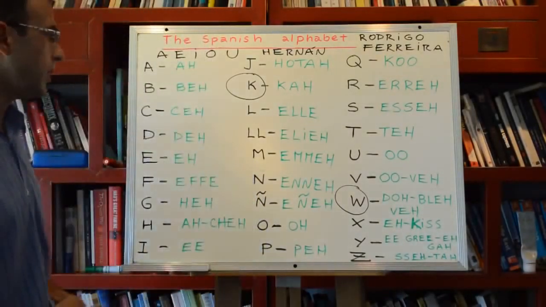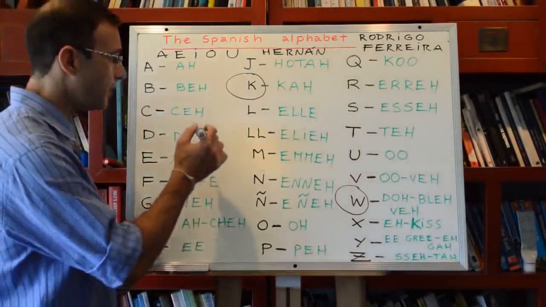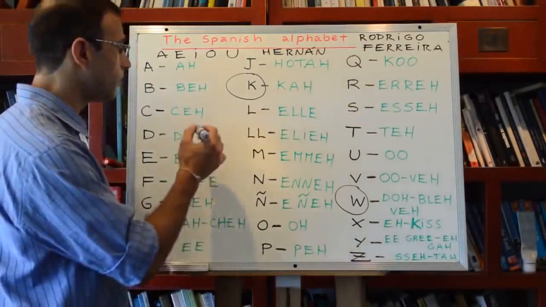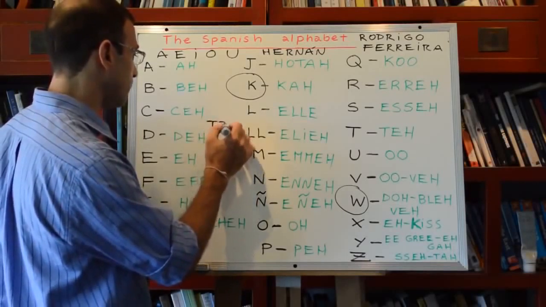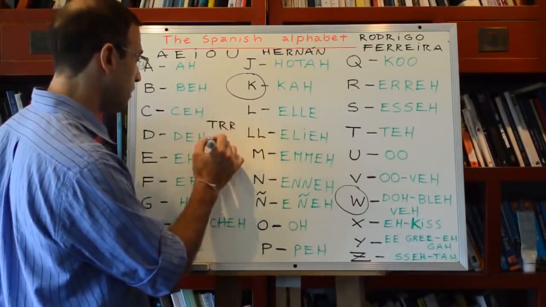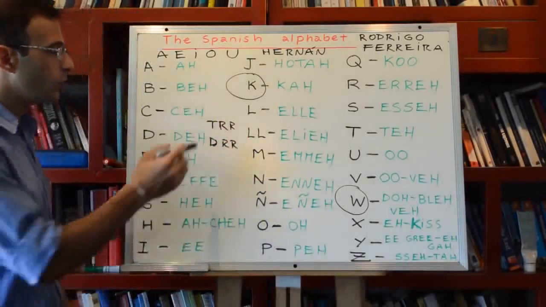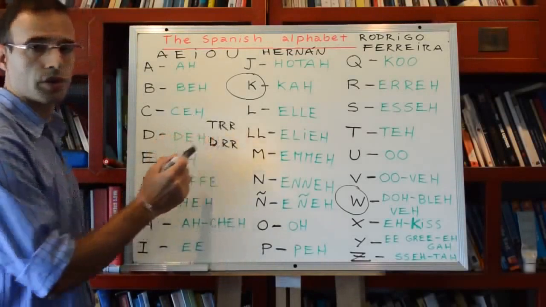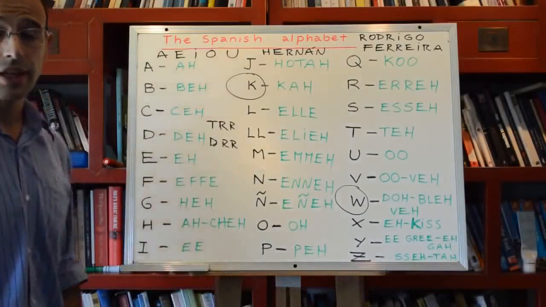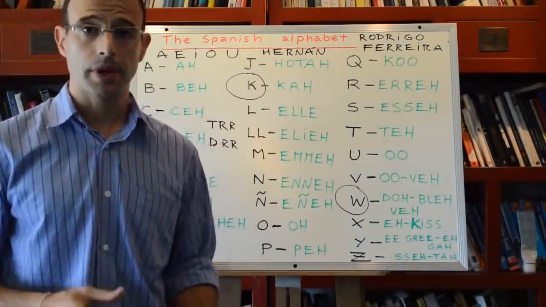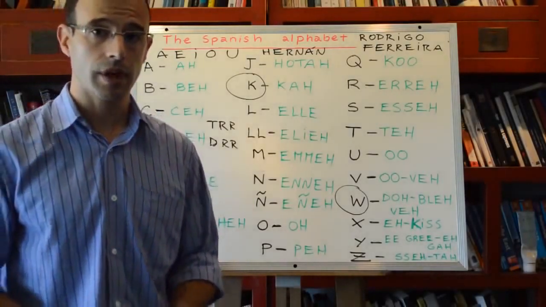So let me give you a tip on how to pronounce it easier. This is not the exact thing, but it's the most similar thing. If you're having trouble, try to pronounce TR, okay, or DR. So try to say trrr, trrr, or drrr, drrr, okay? That way you can pronounce the rolling R sound, okay?